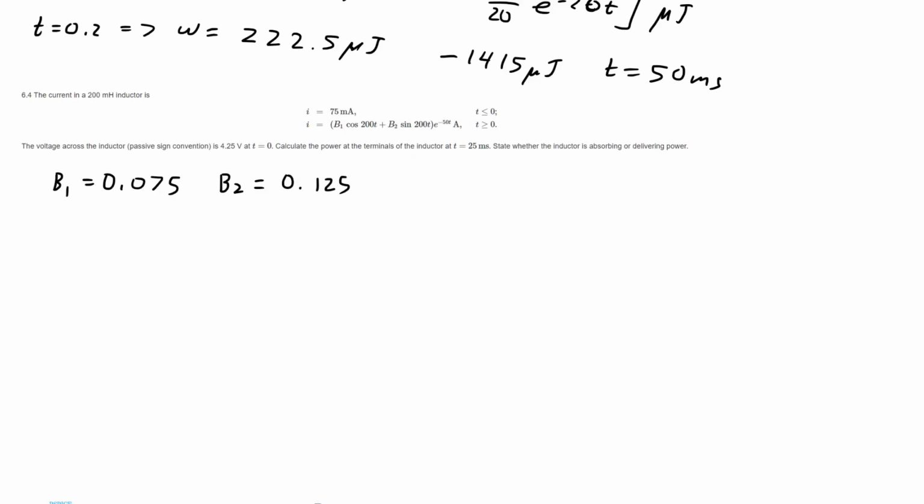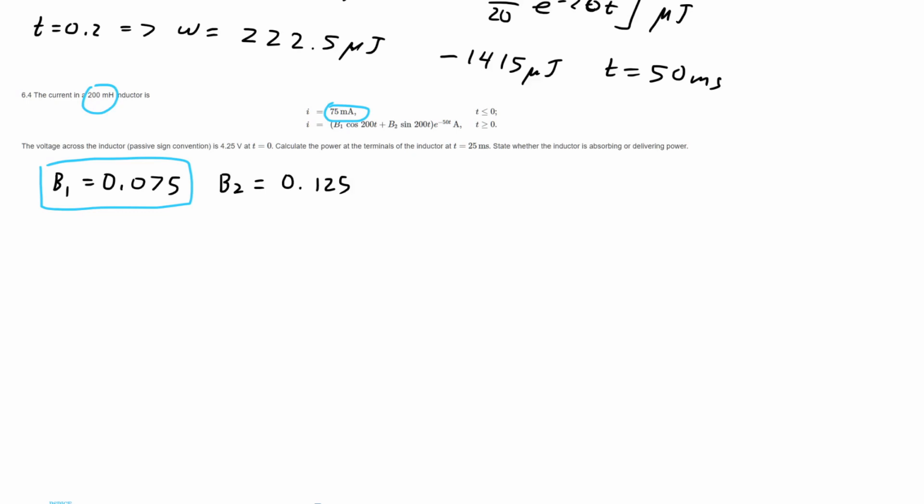Anyway, to find B1, what I did is I used that we're given this information. This is our L, and this is the I0. I just used that initial condition because whenever t equals 0, sine is 0, so the B2 term goes away, and you can solve for B1 by itself.